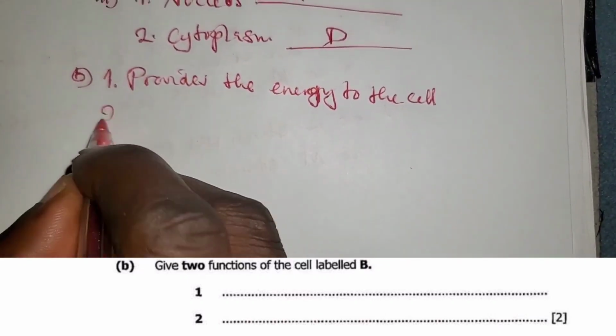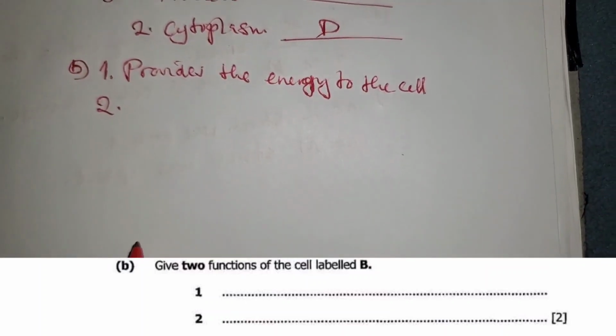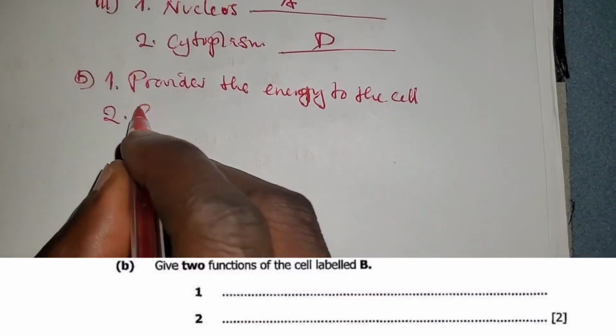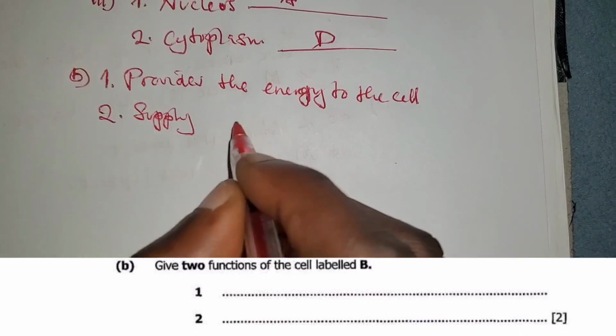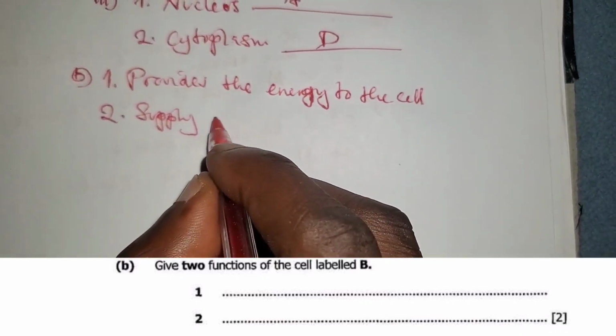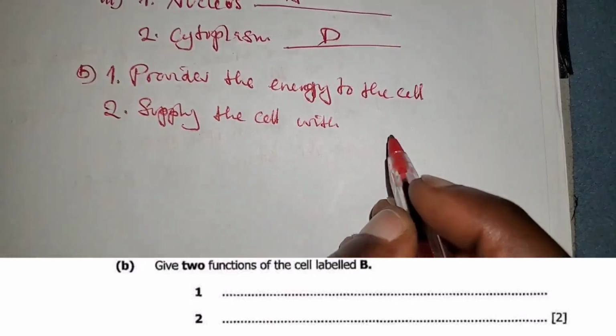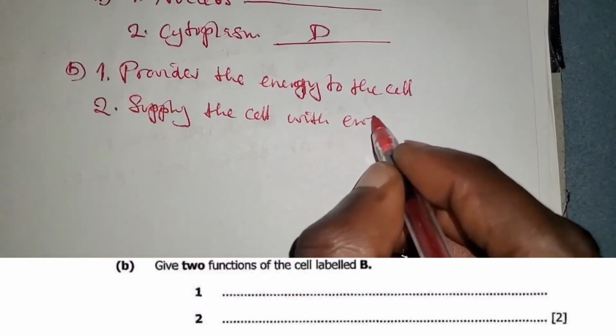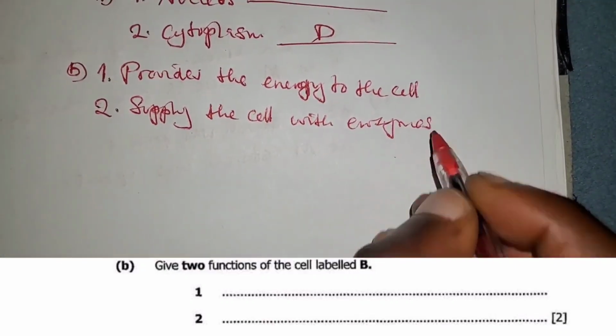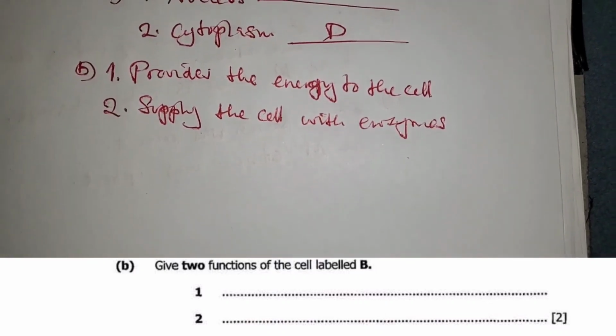Okay. Number 2, apart from providing energy, it also supplies the cell with the enzymes. The role or the functions of a companion cell.